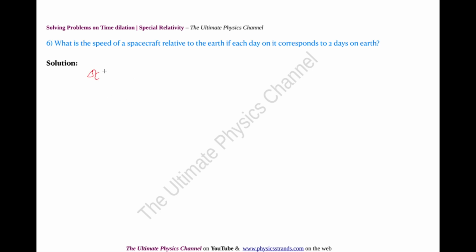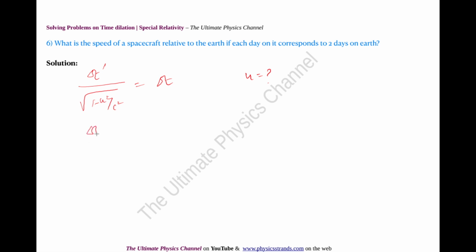So del t prime over square root of 1 minus u squared over c squared is equal to del t. Here u is what is required. So we can just take that to the right side and bring the other to the left side.